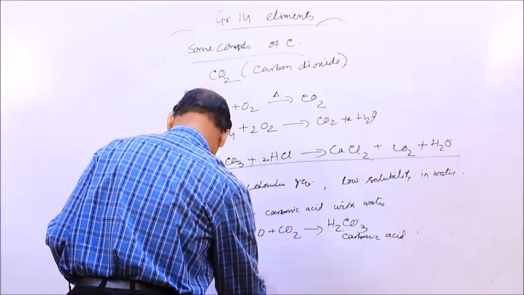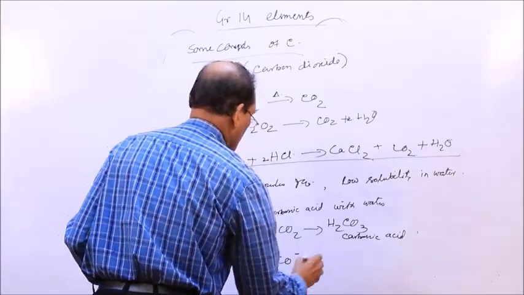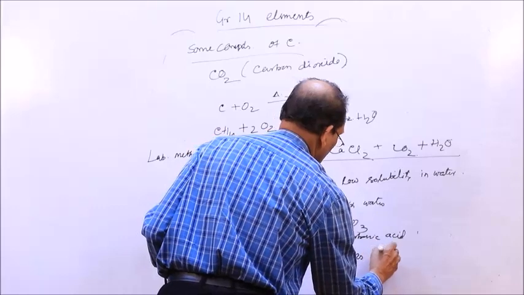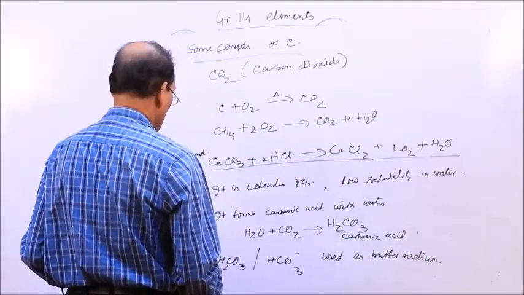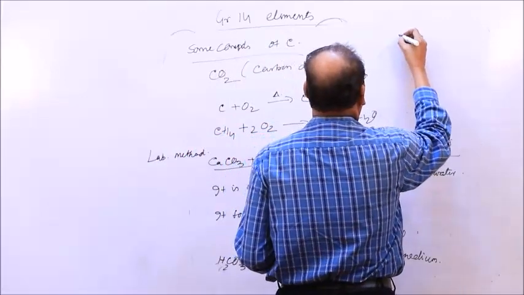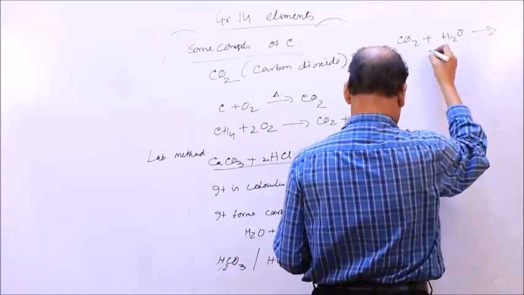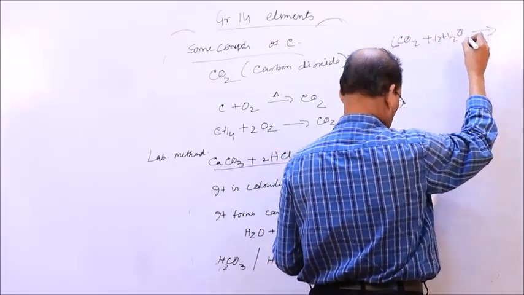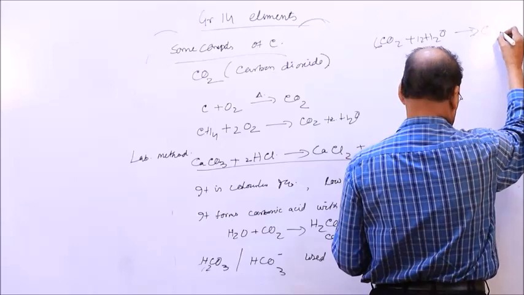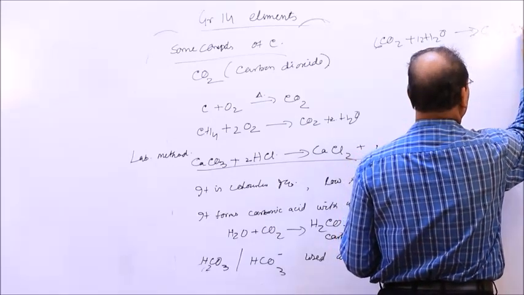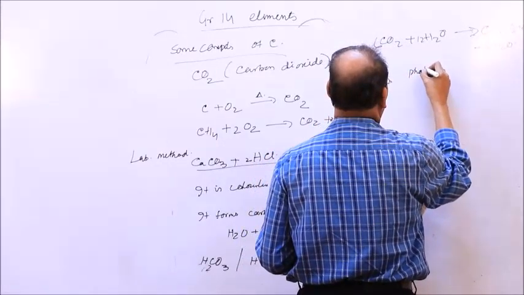Plants take in carbon dioxide in the presence of water and chlorophyll, forming carbohydrates. This is due to photosynthesis.